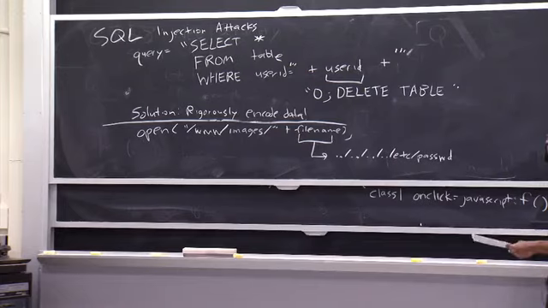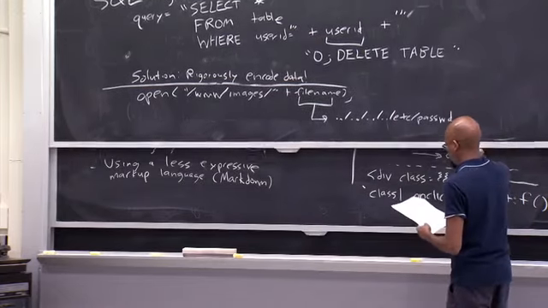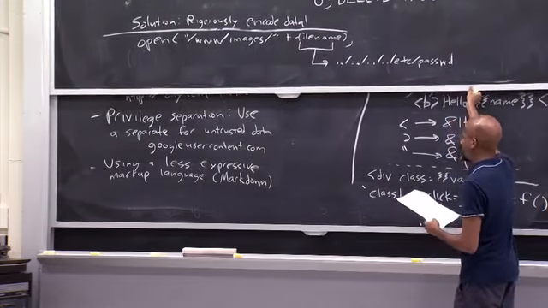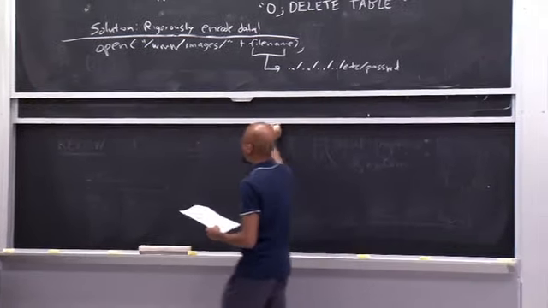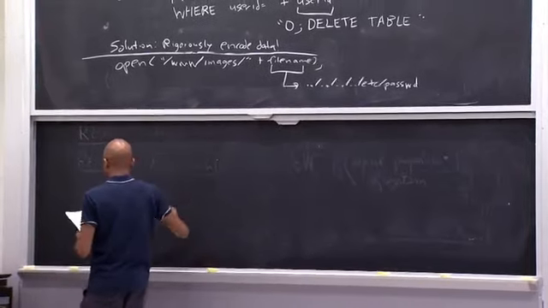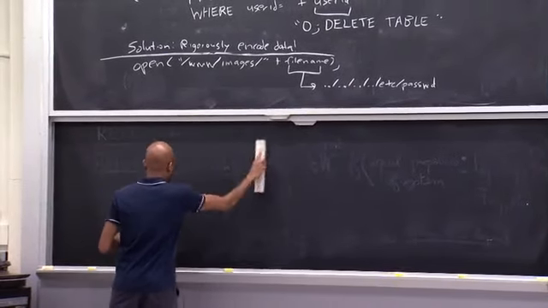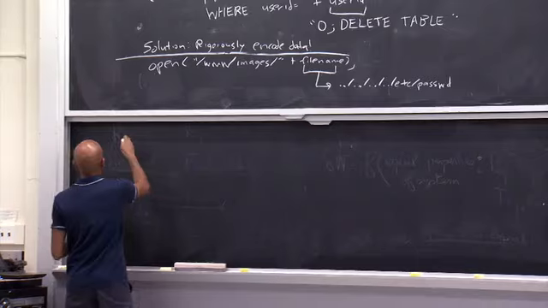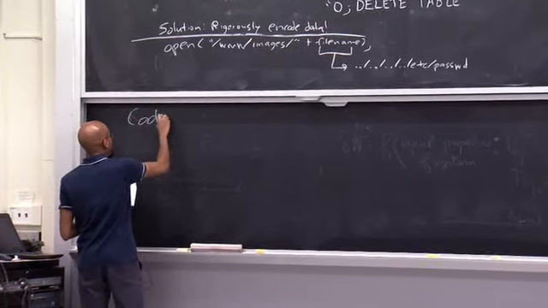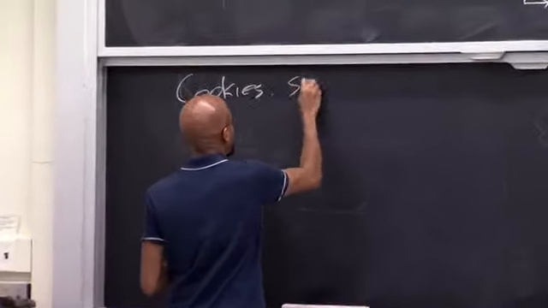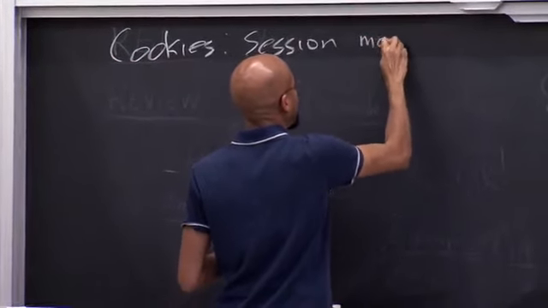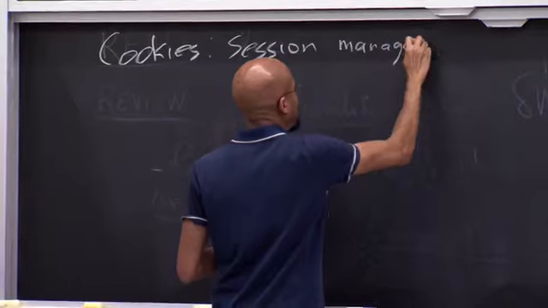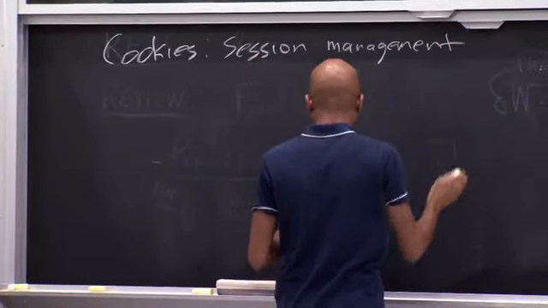Okay, so let's move on from the discussion of content sanitization, and now let's talk a little bit about cookies. So cookies are a very popular way to do session management, right? To bind the user to some set of resources that exist on the server side.